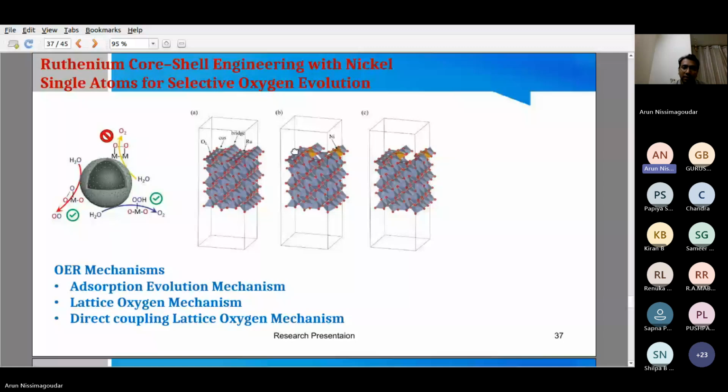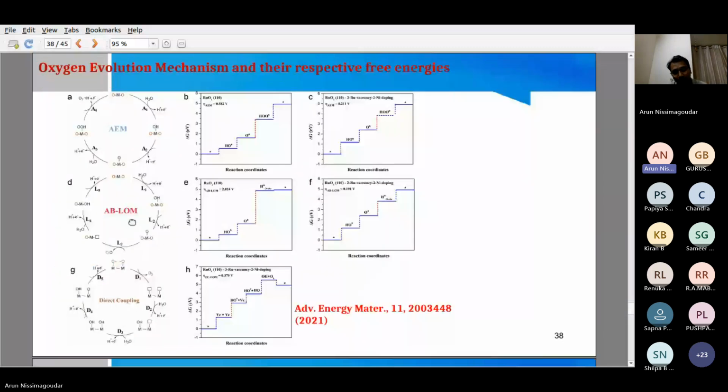Another possibility is that oxygen comes out of the lattice. In RuO2, there are different oxygen atoms in the crystal structure of that catalyst, so that oxygen is also coming from the catalyst. That type of oxygen evolution is called lattice oxygen evolution, which we represent as the LOM reaction.